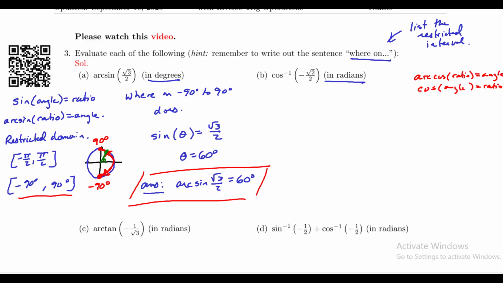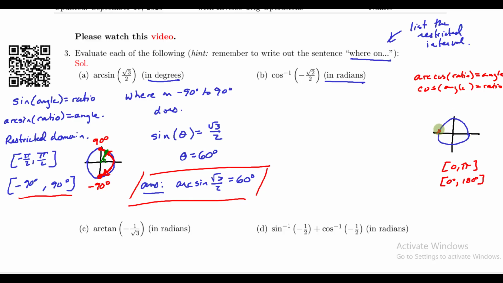What is different here, though, when we're dealing with the arc cosine, is that we have a different one-to-one interval. For our restricted one-to-one interval for cosine, we're going to use either 0 to pi radians or 0 degrees to 180 degrees. So that's a different interval.